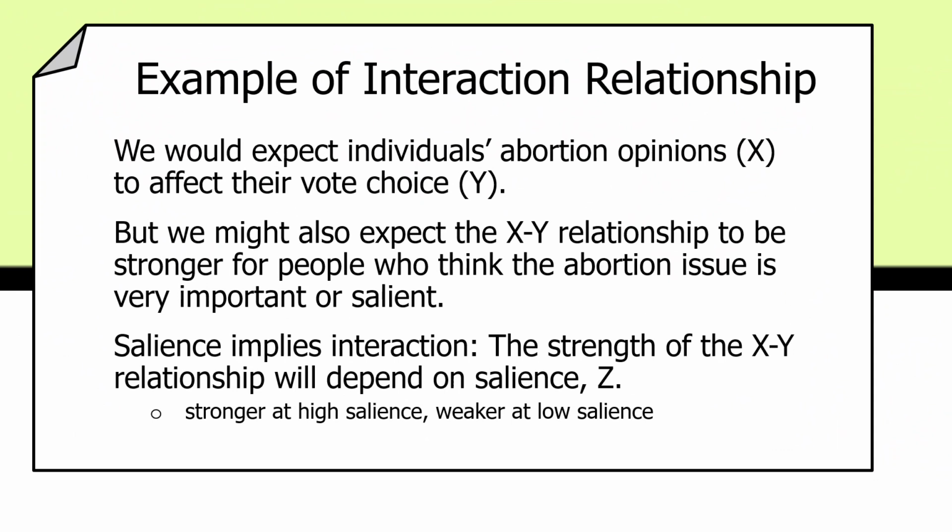For people who think, for example, abortion is the most important issue, and you have the pro-choice position, pro-life position, among those people, the relationship between abortion opinion and vote choice ought to be very strong, we're suggesting with our explanation. For those who think the issue isn't as important, we'll still see the signature vote choice on it, but perhaps the relationship will not be as strong.